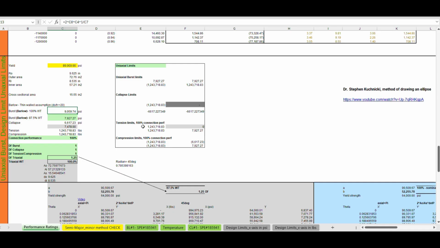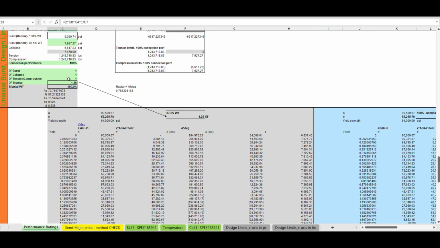Usually they will have the same burst and collapse rating. However, sometimes with special clearance pipe, the connections might be lower. But for this case, I assume the body is as strong as the connection in terms of tension and compression.